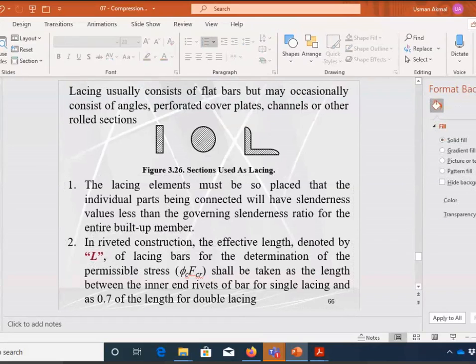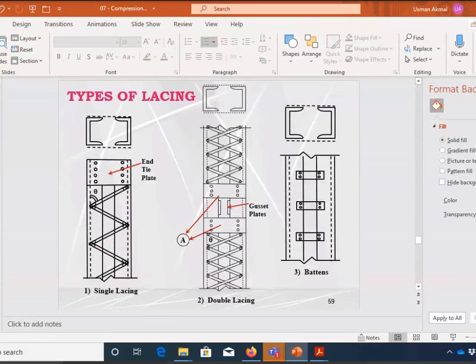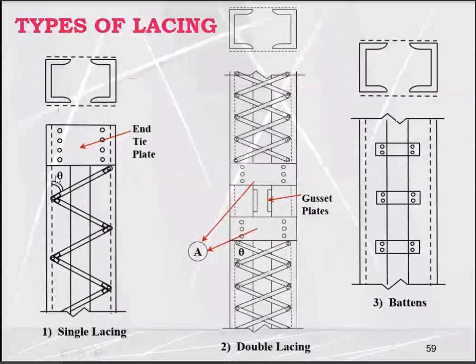So angle I have already explained. The angle of lacing is the angle with reference to the longitudinal axis. So this angle will be 60 degrees if we are opting for the single lacing pattern, and this angle will be 45 if we are opting for the double lacing pattern.